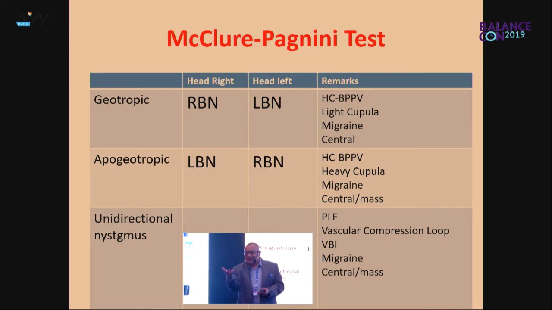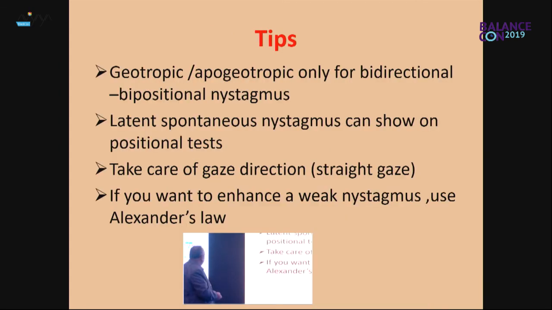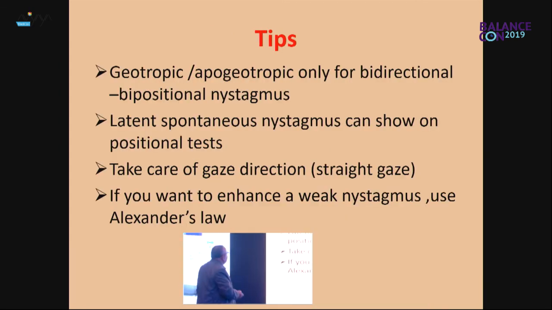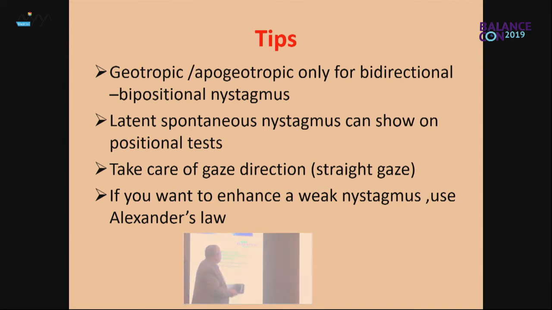So in certain positions, gravity will let these conditions, the vascular loop or the mass, cause more compression. So it's a matter of gravity orientation. Geotropic and apogeotropic are only for bidirectional, bipositional, reversible nystagmus.